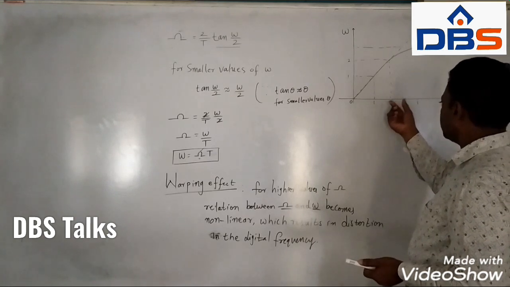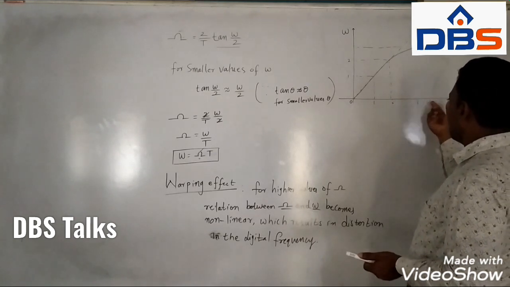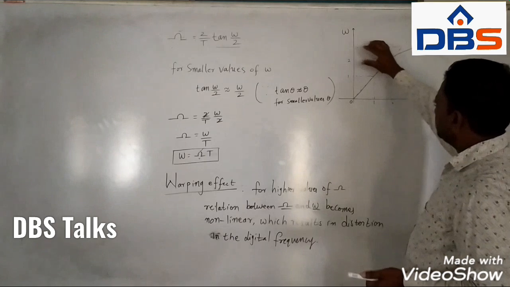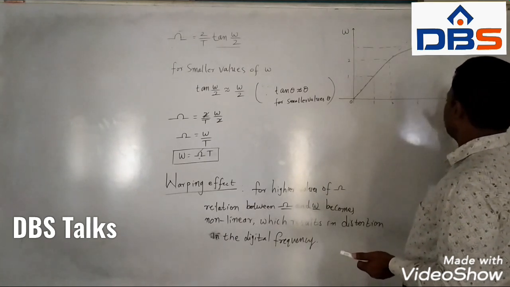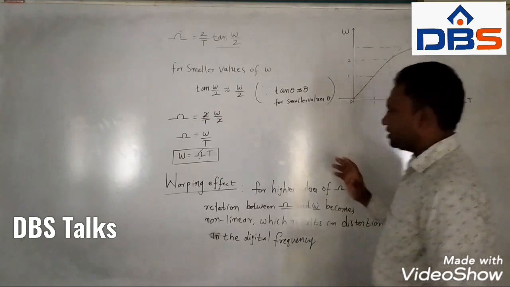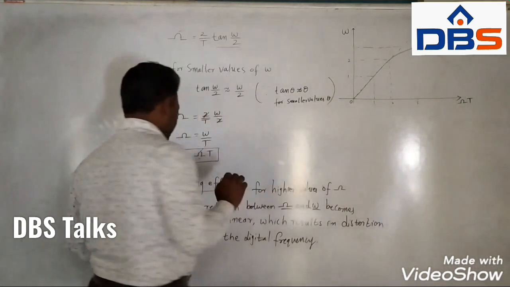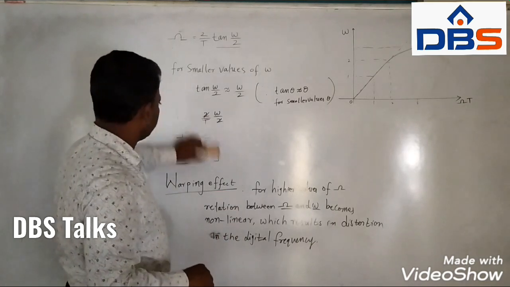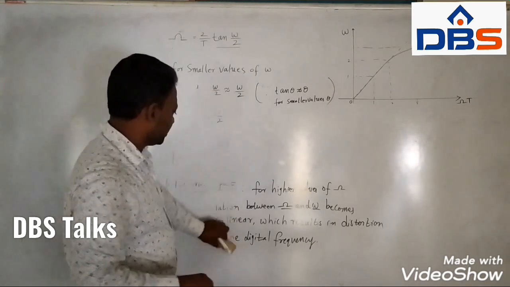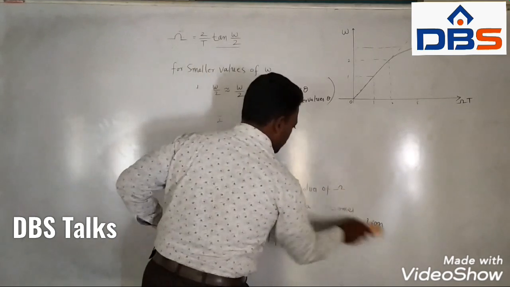What does the distortion mean? As you increase the omega value, in the digital domain there is only a small increment, even for a large increment in the analog domain. That effect is called the warping effect, and to eliminate that, we have to pre-warp the analog filter transfer function.